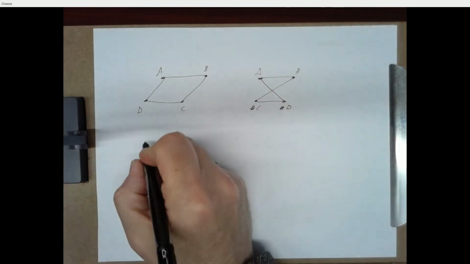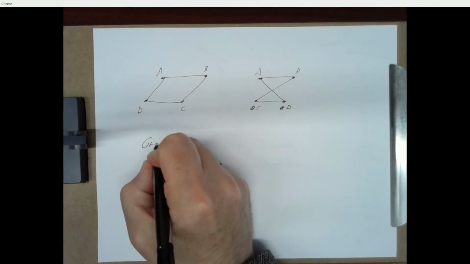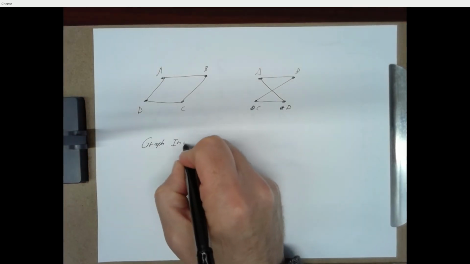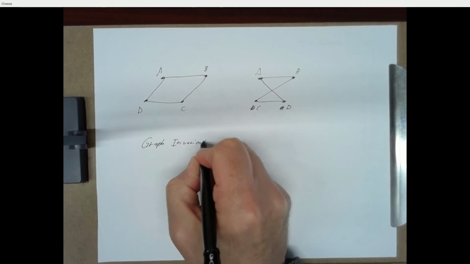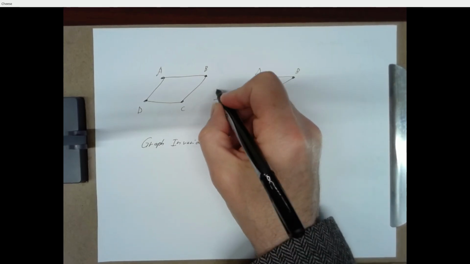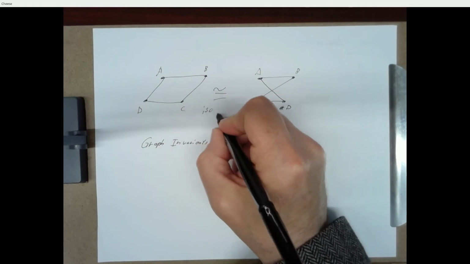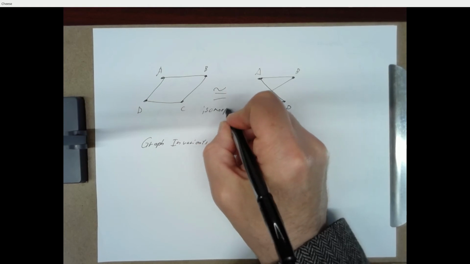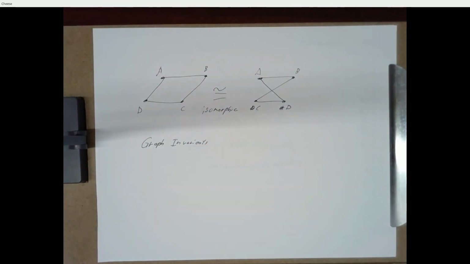So we can talk about graph invariance. We can use the term isomorphism, and isomorphisms are sometimes drawn with an equal sign with a little tilde on top. Isomorphic, same shape, basically.